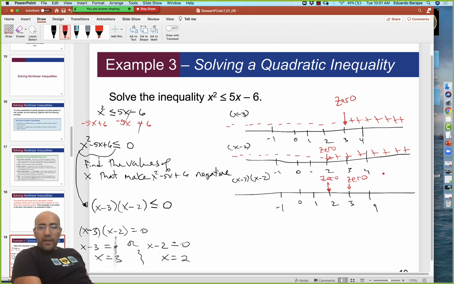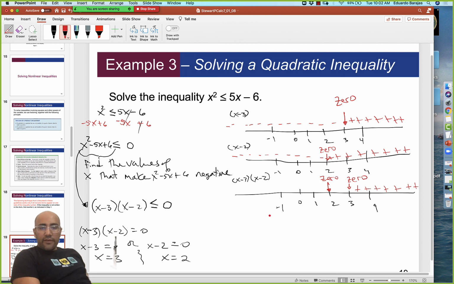So we just have to think about what happens when we pick a value of x that's to the right of 3. For both binomials, we end up with a positive times a positive, so everything on this side is going to be positive. Okay. On the other side over here, we end up with a negative times a negative, right?